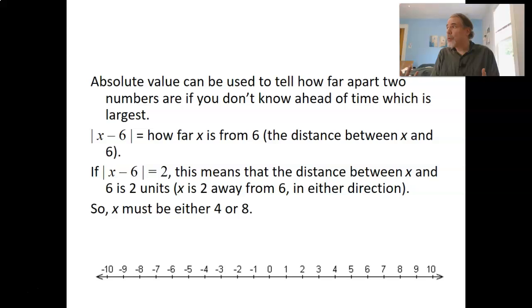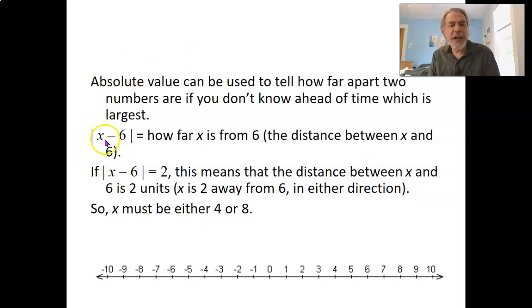If you knew which one was bigger, you could just take the bigger one minus the smaller one. But if you didn't know, you wouldn't know what order to do the subtraction in. By putting absolute value bars around the difference, it doesn't matter.